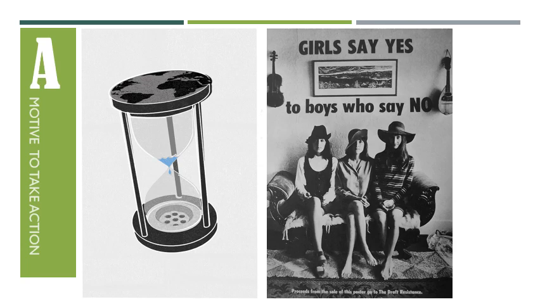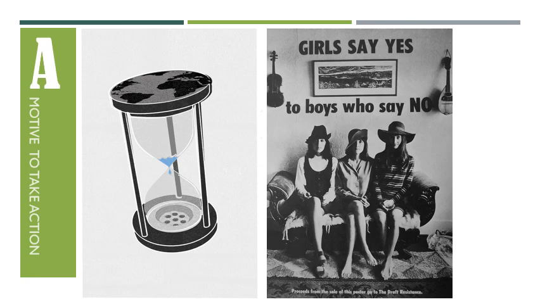And then the second poster I think is also a nice poster, since it definitely has a message, but it's not really telling you to do anything. It's just giving you an option. So this poster that says, "Girls say yes to boys who say no," was developed to speak out against the Vietnam War.